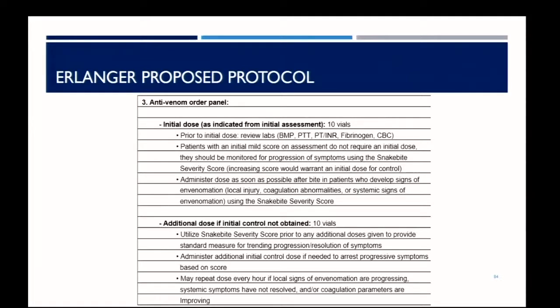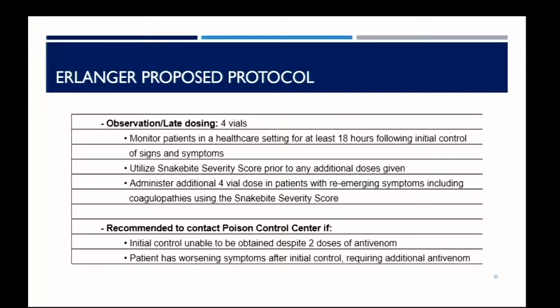The initial dose, reviewing the labs, administering it as soon as possible. And then if control is not achieved, repeating the dose by using the snakebite severity score. And then it goes into late dosing or re-emerging symptom dosing. Then it recommends contacting the poison control center if they're not involved already, and especially if they're unable to obtain control despite giving 2 doses of anti-venom.